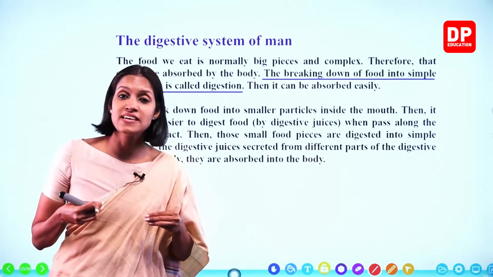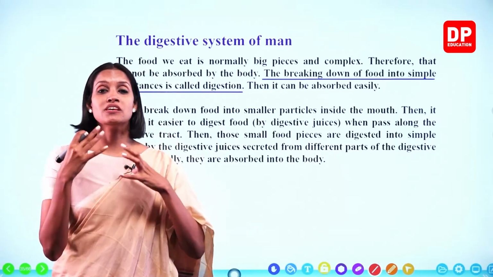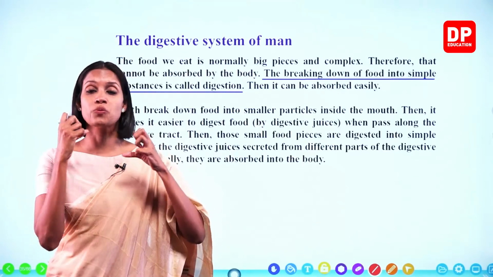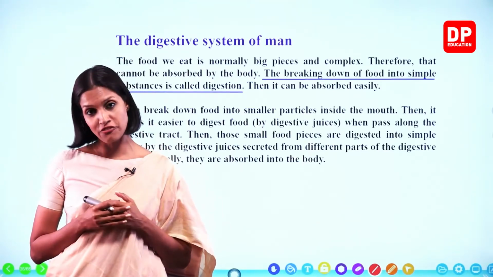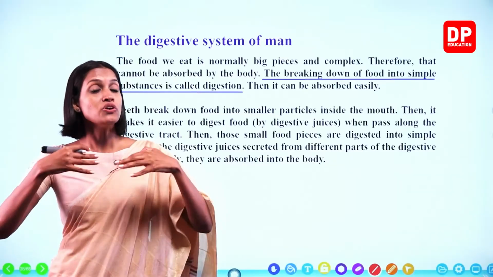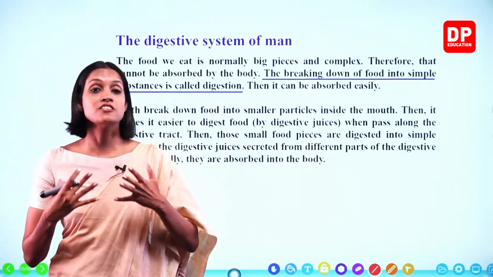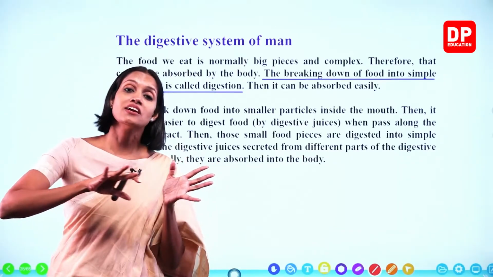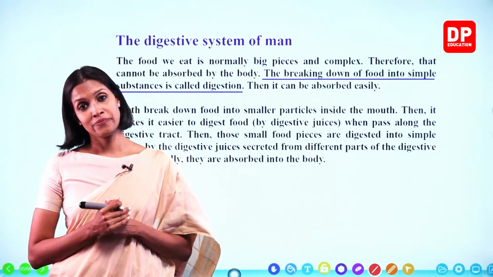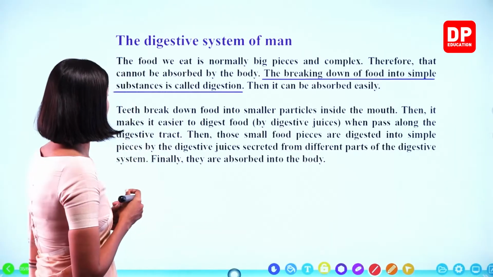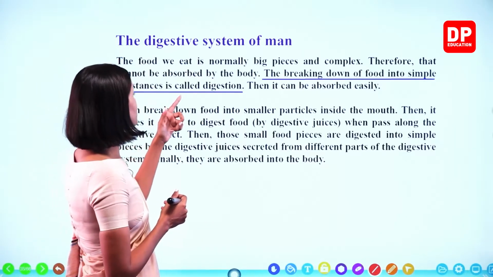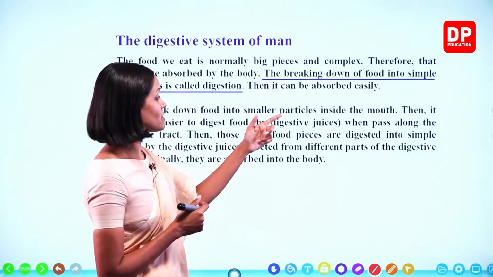That is why I said that just breaking down food with your teeth is not enough. It has to mix with the digestive juices or digestive enzymes for the chemical reactions to happen. Teeth break down food into smaller particles inside the mouth.